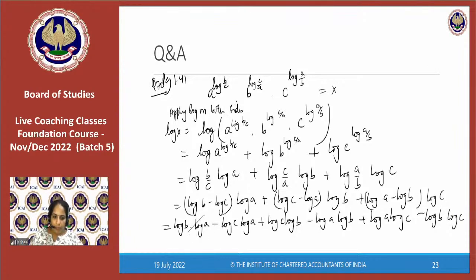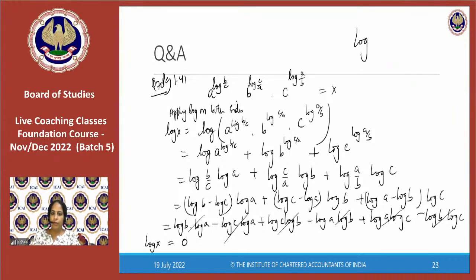So log b minus log a, log b minus log a. So this is same term. Again, log c log a, log c log a plus log c log a minus log a log b log c plus and minus. So log x is equal to 0.